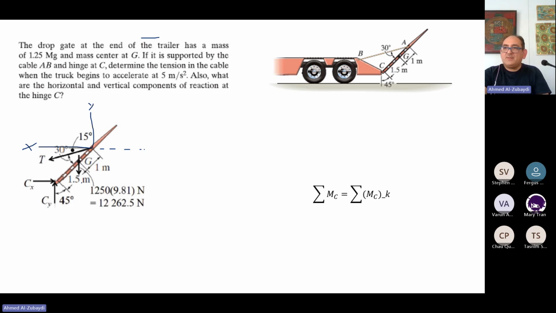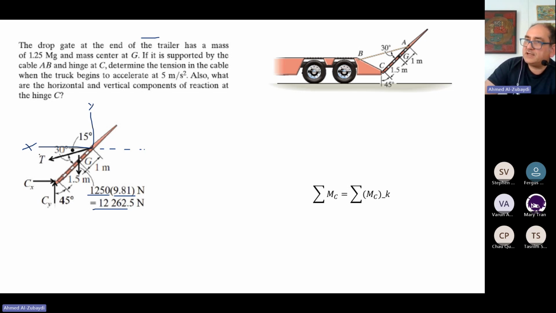So, we have the weight at the center going downward. We have the tension at the point A going at 30 degrees to the left, and we have the reactions Cx and Cy at the point C, vertical and horizontal components. The mass is 1,250 kilograms multiplied by 9.81, and it's going to be 12,262.5.